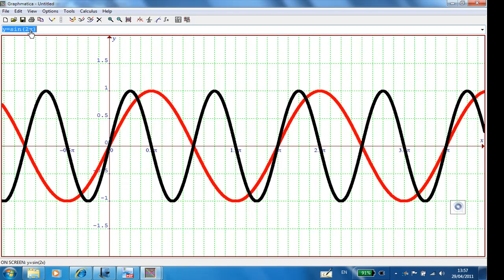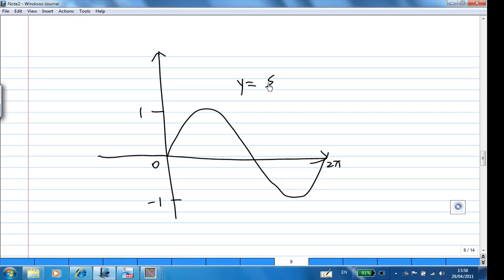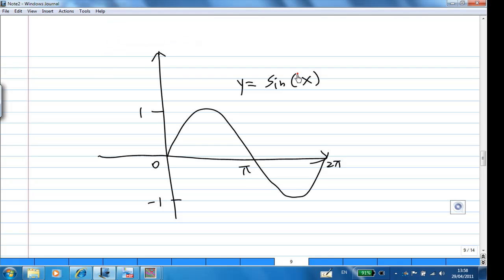Now, you may wonder, what happens if I have y equal to sine half x? To get this graph, for y equal to sine x, it is like this, 0 to 2 pi, minus 1 to 1. Now, if I change the x to half of x, this is again a scaling.